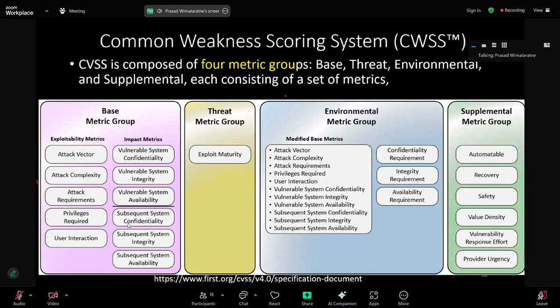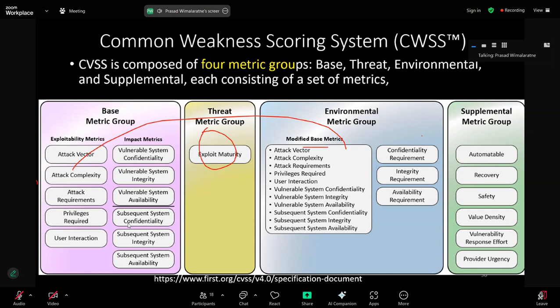And then we have the exploit maturity as one group, and we have the improvement here, the modified base metrics. So we have a set of base metrics here, and we have an enhanced version here: enhanced attack vector, enhanced attack complexity metric, attack requirements, privileges required, user interaction.